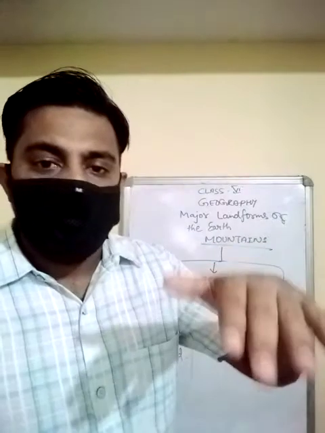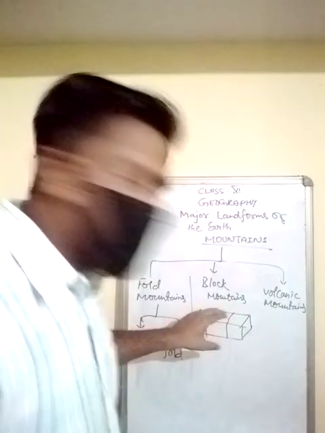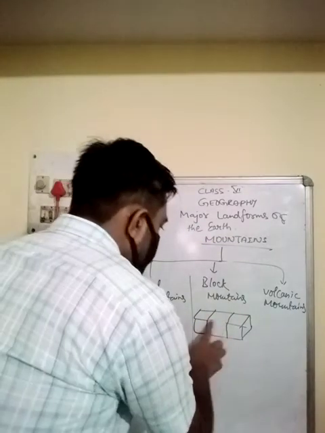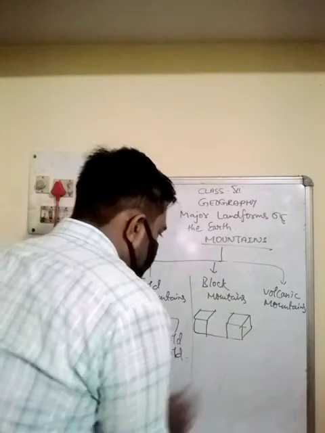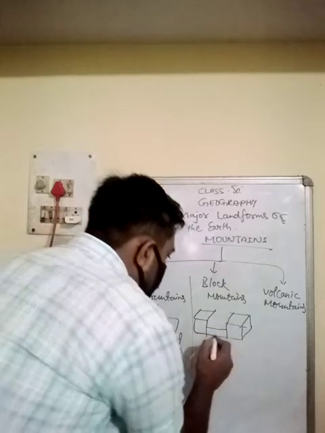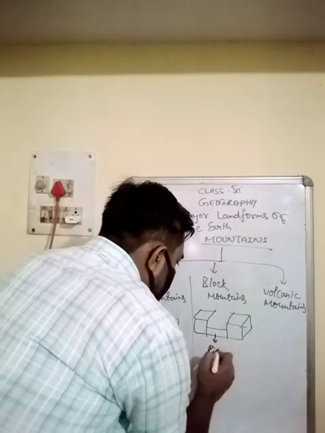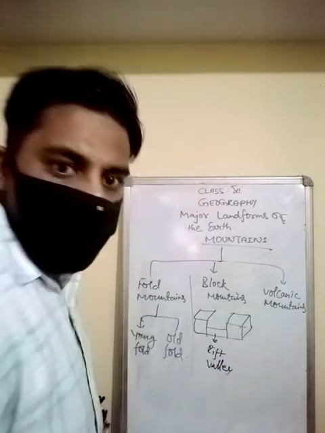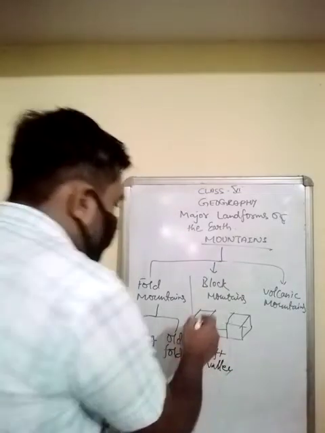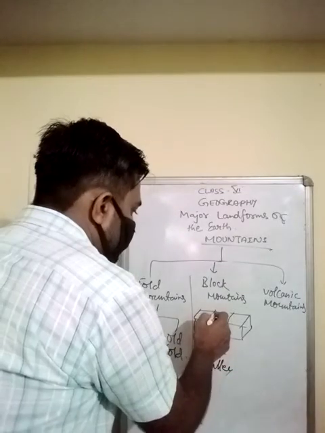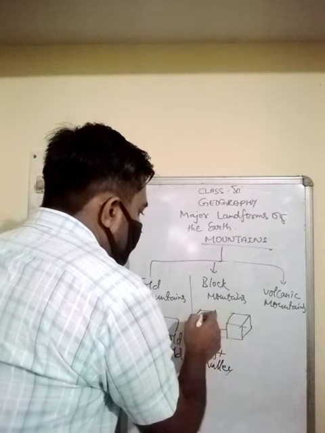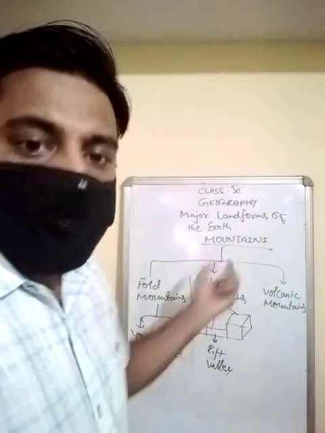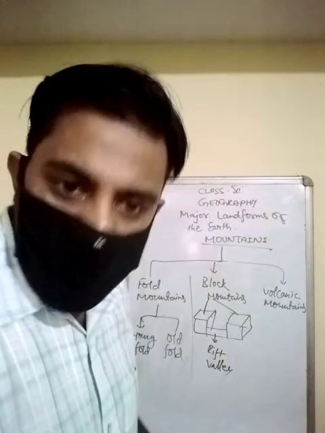The land structure in the middle skids down. It drops down, forming a rift valley. But the two formations that are left above on the sides are known as block mountains.